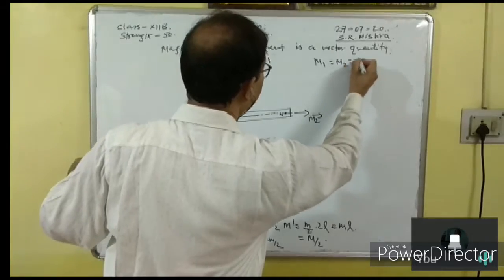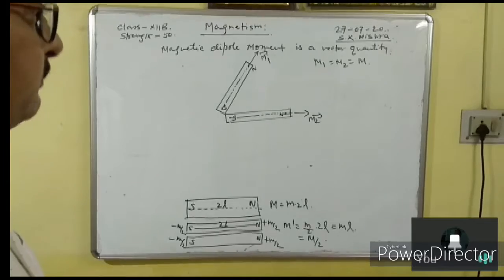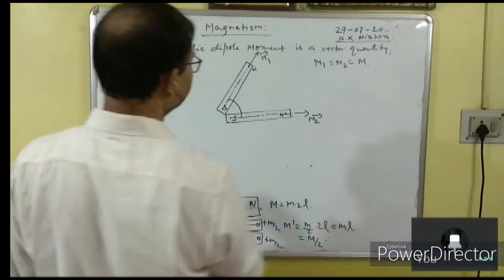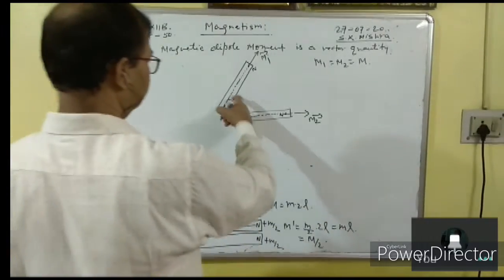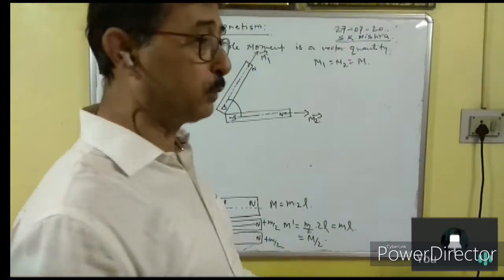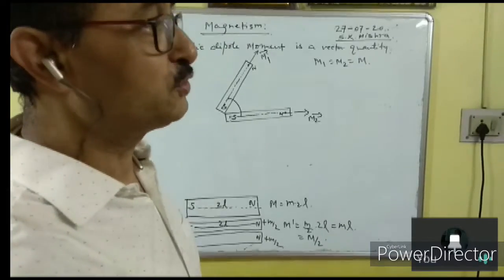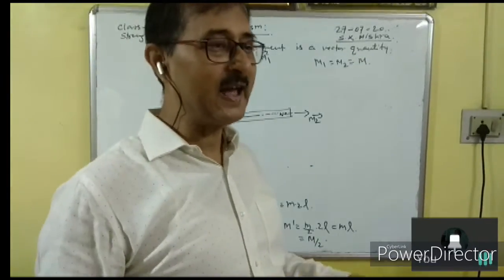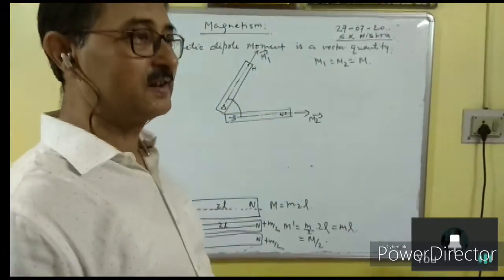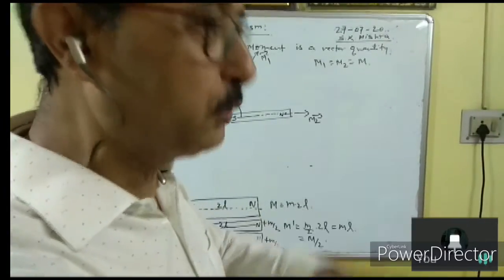So if you have two magnets, one is here, the other is like this, and they have equal magnetic dipole moment. In magnitude they are the same. So this is, suppose, south, here is north, here is south, here is north.